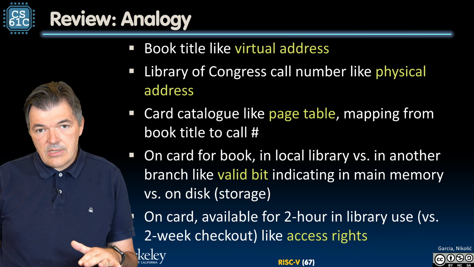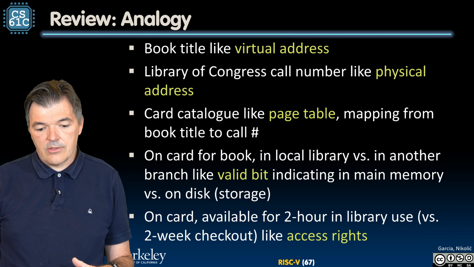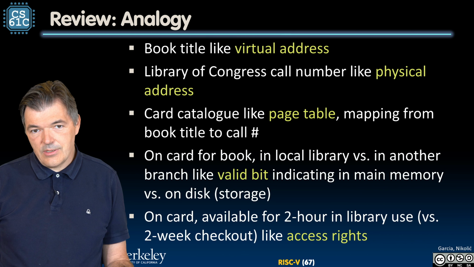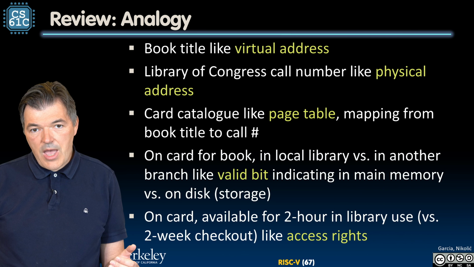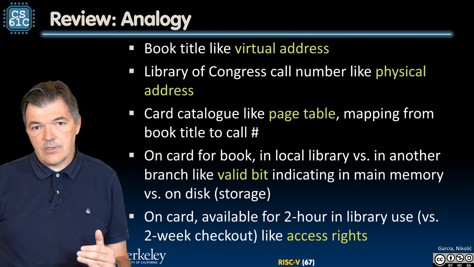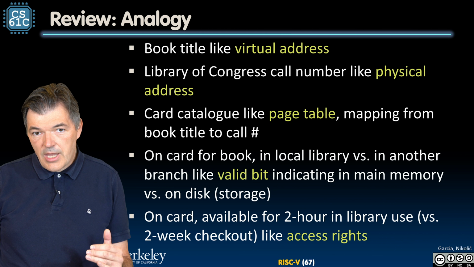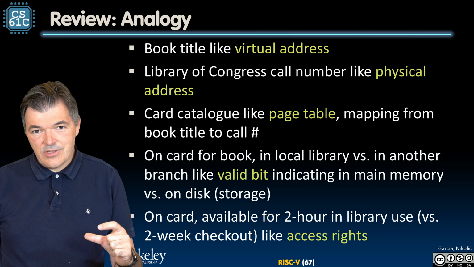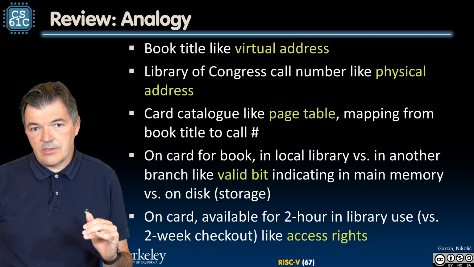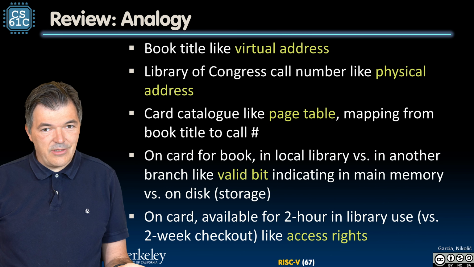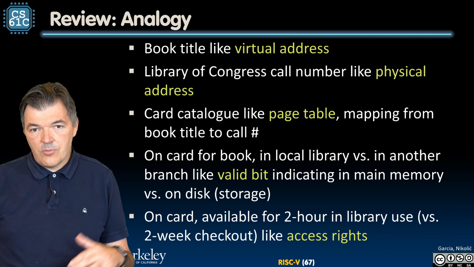Books are organized in different ways, and generally we would have to go to the card catalog, like the page table in our virtual memory equivalence, that maps the titles to the Library of Congress call numbers. On that card entry in our catalog, we would find a valid bit telling whether the book exists in this library system, and where it is.